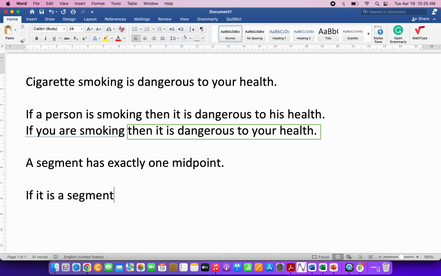If we are talking about things in general, we can simply refer to it as it is. If it is a segment, then it has exactly one midpoint. Okay? So this is actually the if-then form.